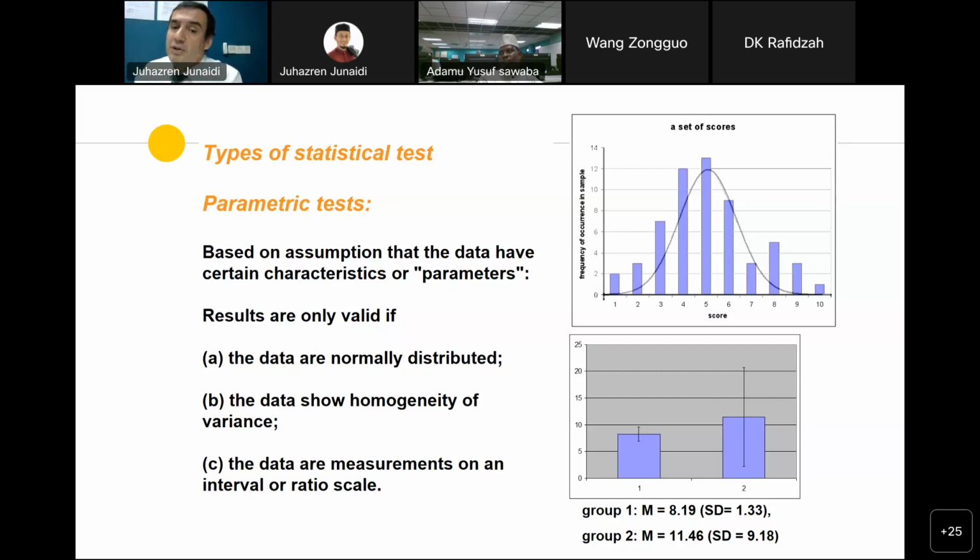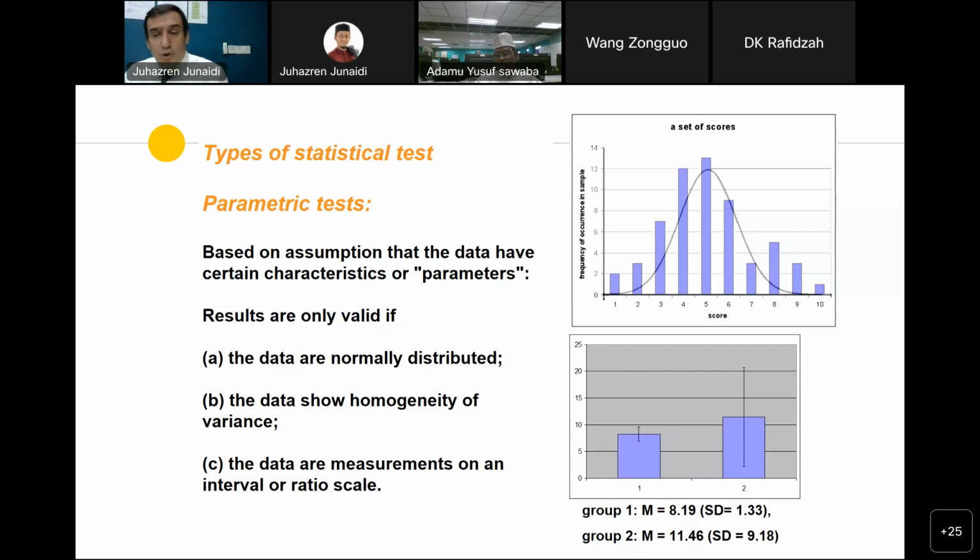So homogeneity of variance: if you make sample comparisons, you cannot compare apples with oranges, okay? Apple is a different thing, orange is a different thing. You cannot say apple is whiter inside than orange. We don't expect orange to be white. So the nature is different.